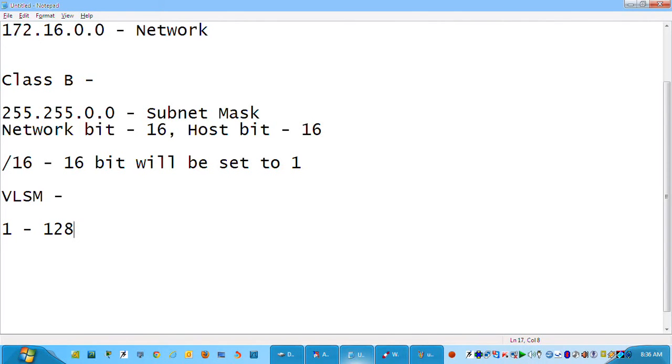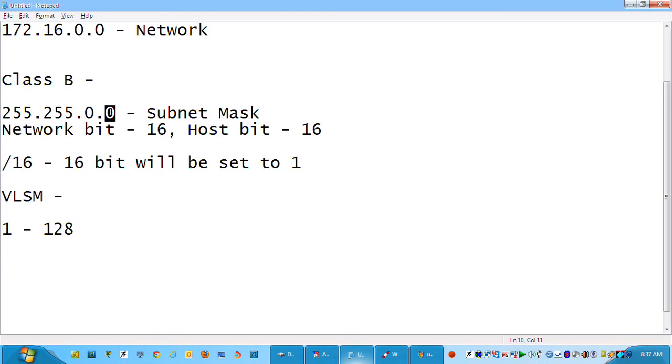If you look at IP addressing, the entire 32-bit block is divided into four 8-bit blocks. This is 8 bits, this is 8 bits, this is 8 bits, and this is 8 bits. For example, /16 means 8 bits set to 1, 8 bits set to 1, and this 8 bits set to 0, this 8 bits set to 0. 8 bits set to 1 means it will be 255, and 8 bits set to 0 means it is 0.